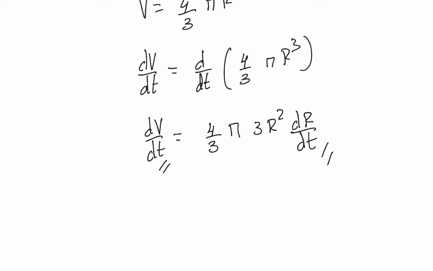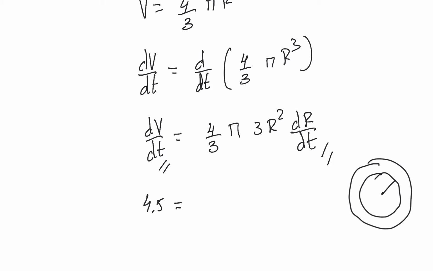So what will be the change in the radius per unit of time? A change in the volume induces a change in the radius. So if you change the volume, you change the radius. So the problem here is, if the change in the volume is 4.5 cubic feet per minute, what is the change in the radius per minute? 4/3, and the answer is here.